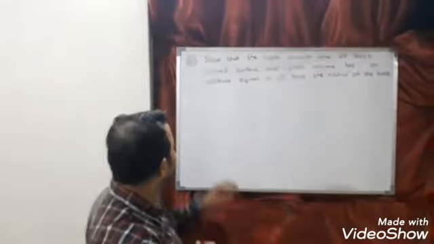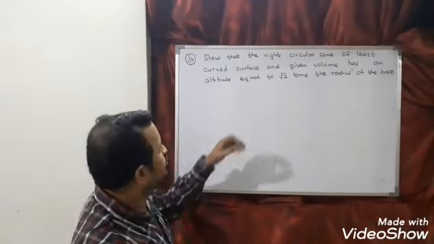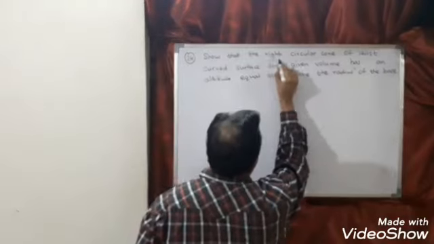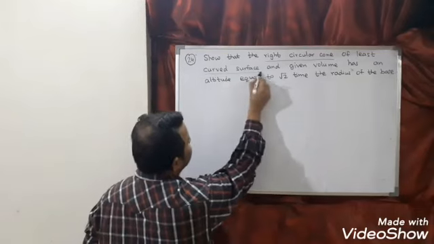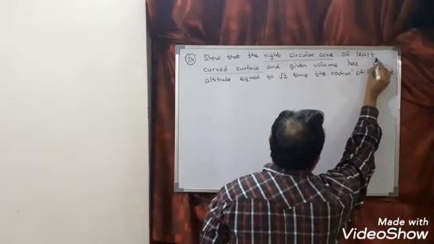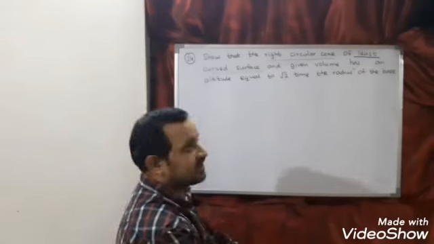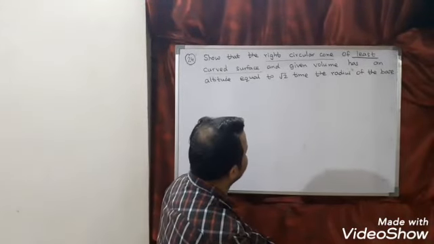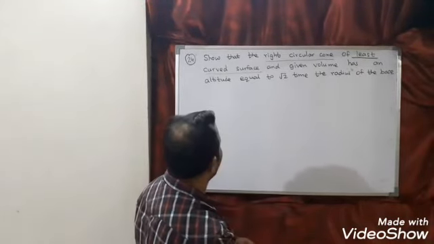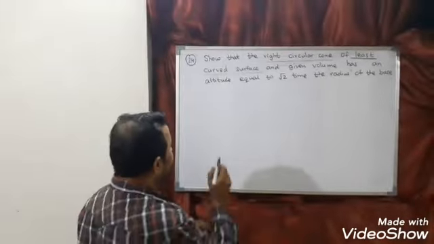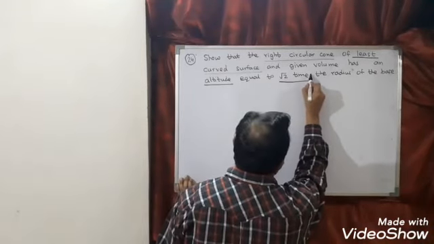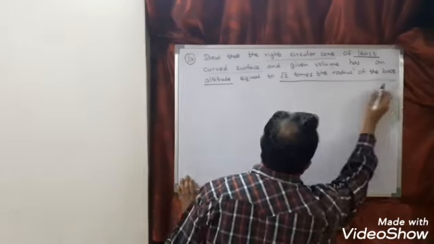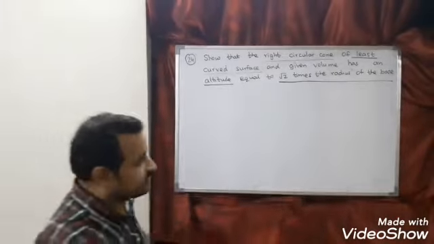See, one more question. Question number 24. Show that right circular cone of least curved surface and given volume has an altitude equal to root 2 times the radius of the base. Now see the figure here.